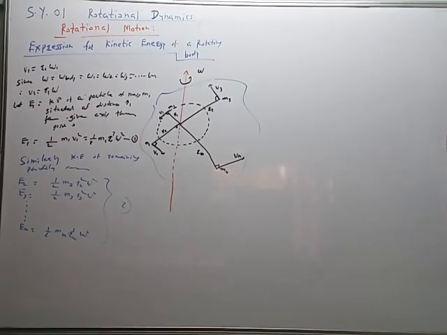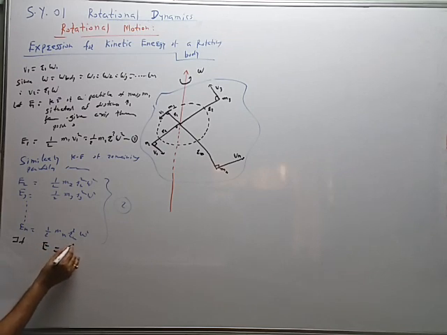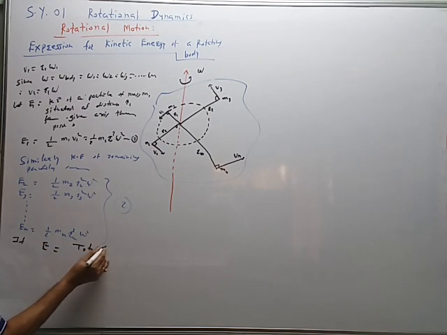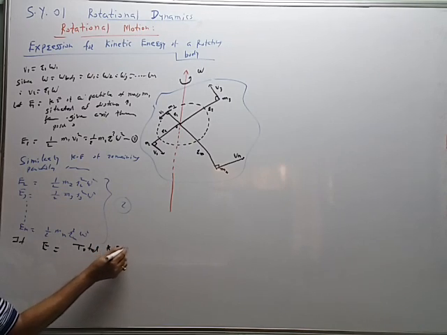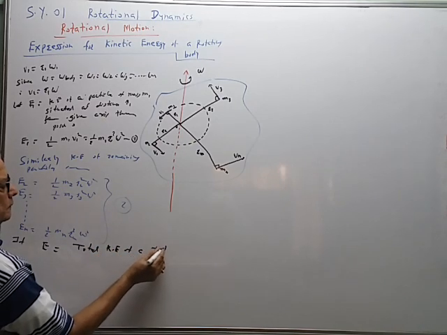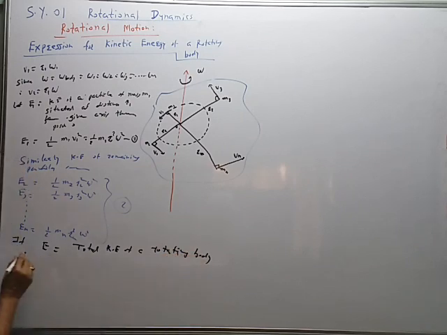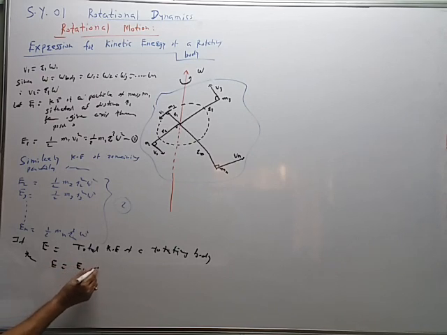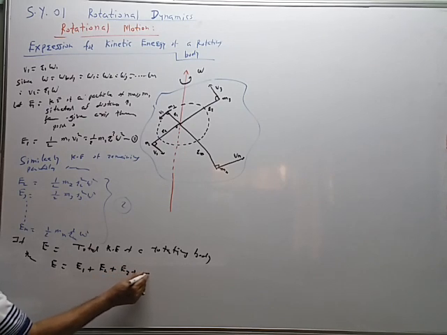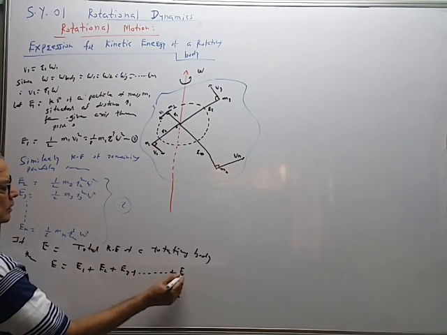So energy is a scalar quantity. It has no direction, and therefore, if E is the total kinetic energy of a rotating body, then E is equal to the kinetic energy of the first particle plus the kinetic energy of the second particle plus the kinetic energy of the third particle, up to the kinetic energy of the nth particle.